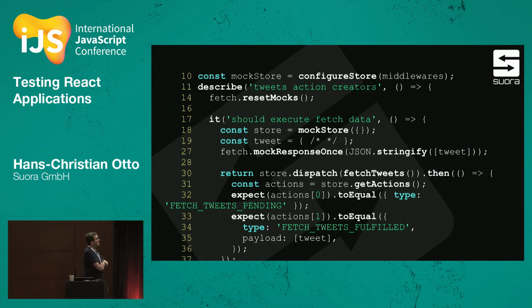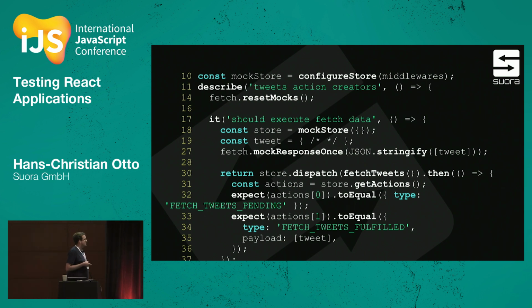So I'm going to use a Redux mock store library here to create a Redux store that is a bit easier to test. And then I have a test that should fetch data from the backend and store it in the Redux store. I create the mock store here, and I have a tweet example object, never mind that one. It's just like we saw it before.